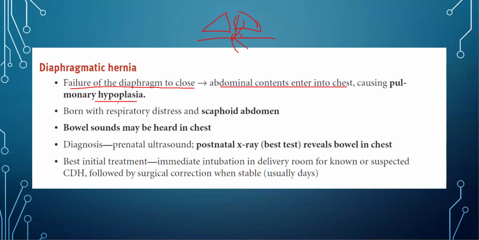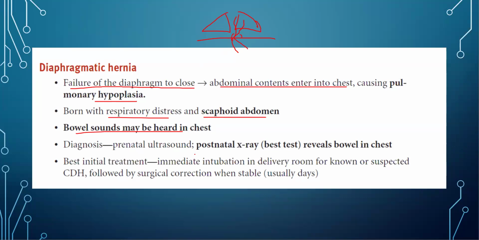What happens in these children is that they present with respiratory distress because abdominal content is now inside the chest. Abdomen will look very thin and scaphoid. And if you listen to the chest, you will hear bowel sounds. So you can hear some peristaltic gargling sound on the chest. When you hear that, you know that this is likely to be a diaphragmatic hernia.